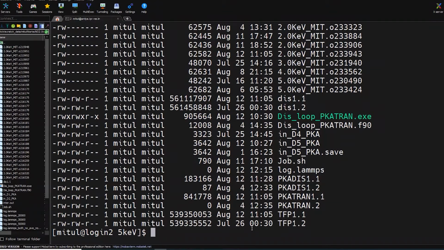In my case, for defect analysis, I'll show how to analyze the defects, basically the vacancy and interstitial Frenkel defects, and how these defects propagate with time as the simulation continues. For that, I have the dump file TFP 1.1. This is my defect file. I'll show you how to analyze the data in Ovito.